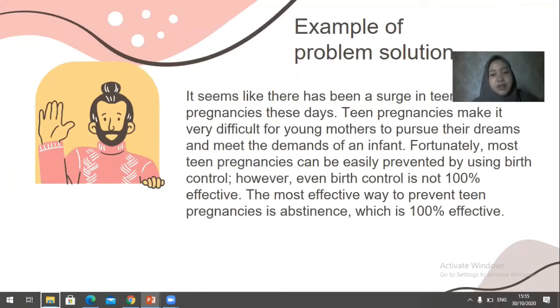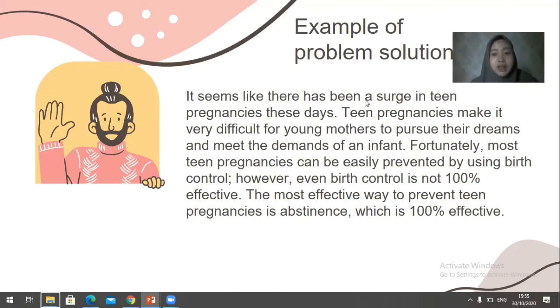That is an example of problem solution. We can see here it seems there has been a surge in teen pregnancies these days. Teen pregnancies make it very difficult for young mothers to pursue their dreams and meet the demands of an infant.